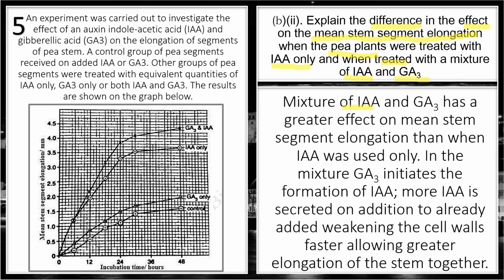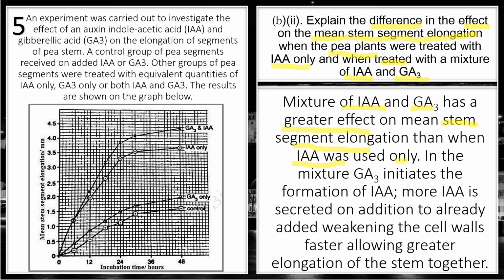A mixture of indoleacetic acid and gibberellic acid has a greater effect on the mean stem segment elongation than when indoleacetic acid was used alone.